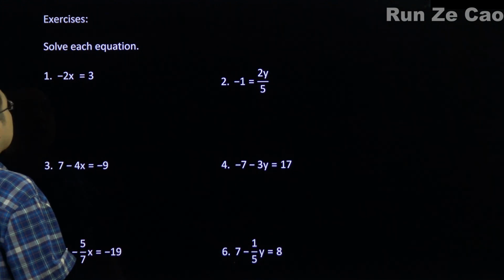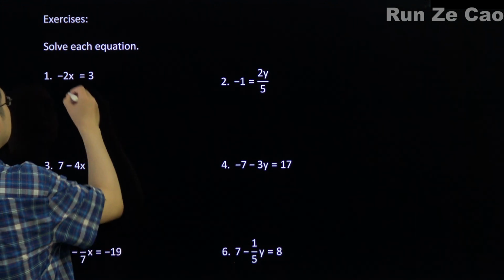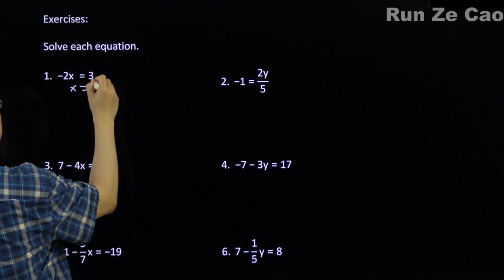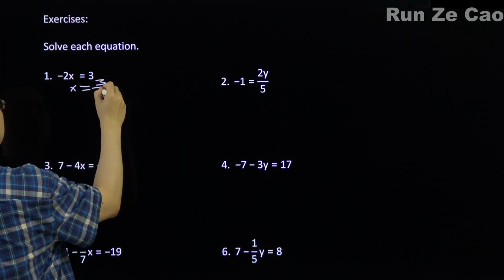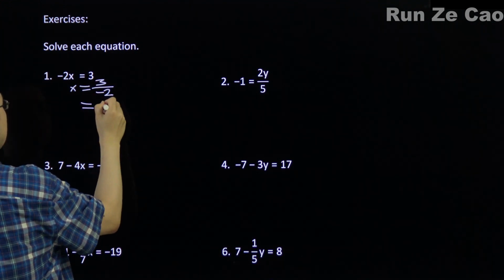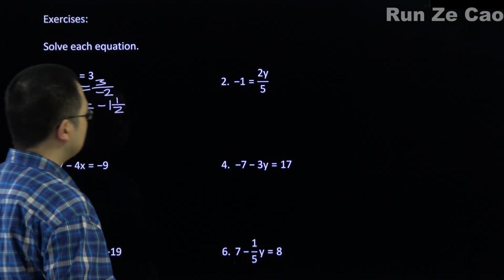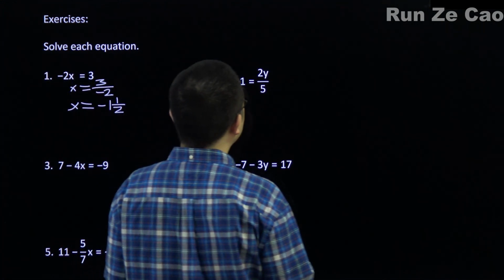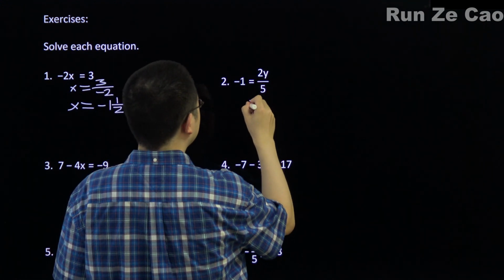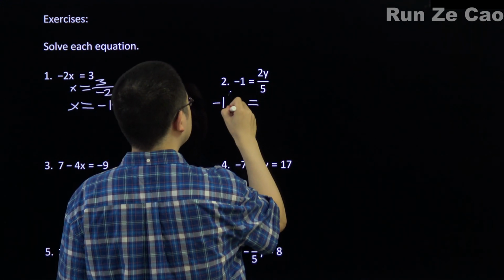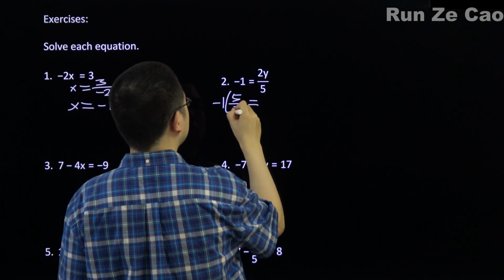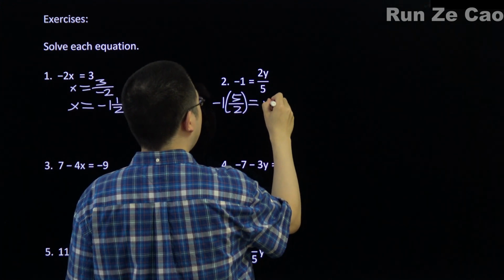So, negative 2x equals 3. x is equal to 3 over negative 2, which is equal to negative 1.5. Negative 1 equals 2y over 5. Well, negative 1 times 5 over 2 is equal to y.